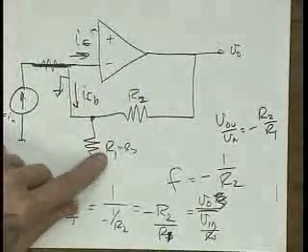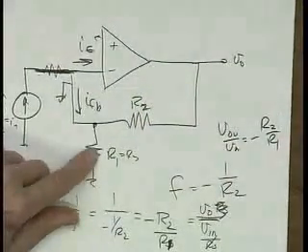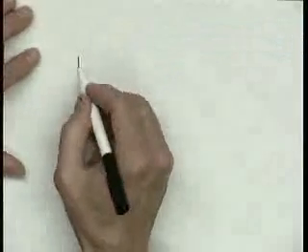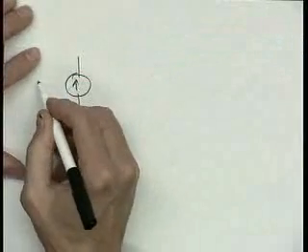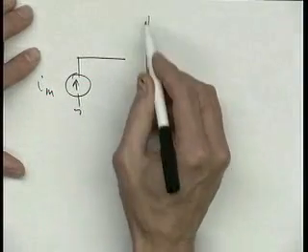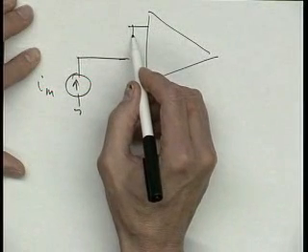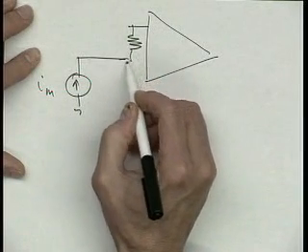Instead of including the output resistance down here, or this R1 down here, I could have done this. Here's that I in. I could have put that input resistance, R1, across the amplifier.